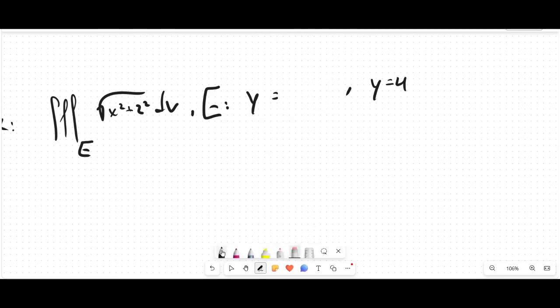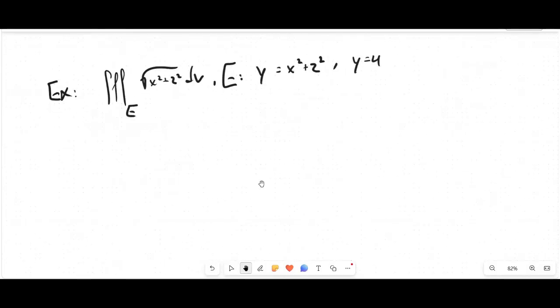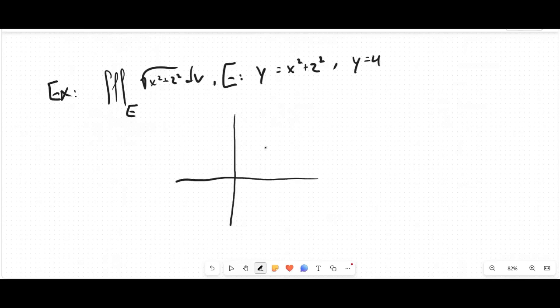Summon your mental energies to get through one more of these. You must visualize. I want to put y here, x here, z here. Take 2 seconds to decide what that shape looks like.